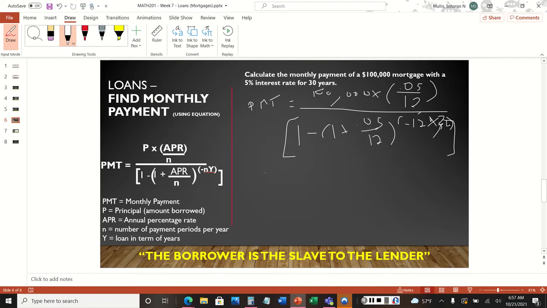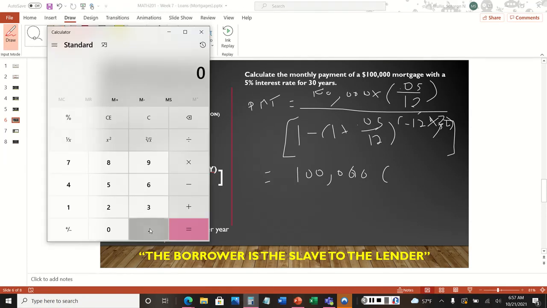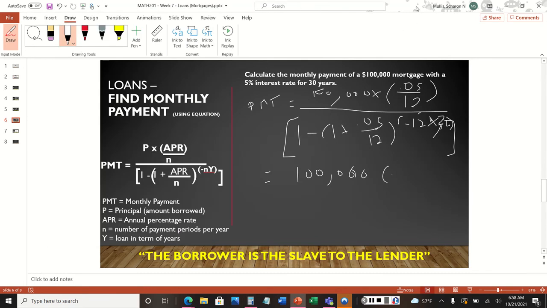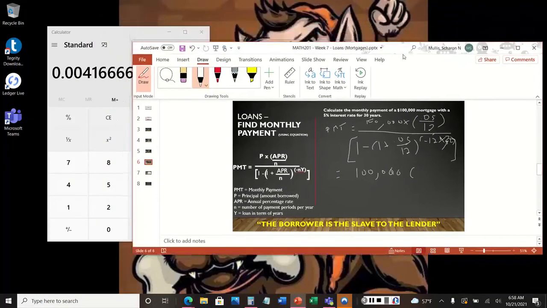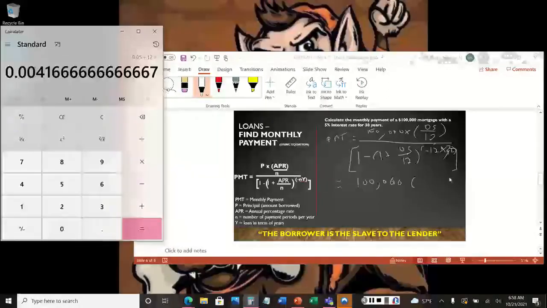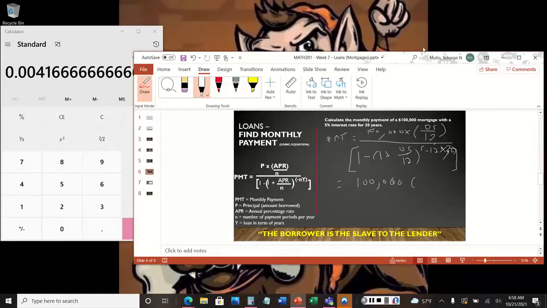All right, and that gives us 100,000 times 0.05 divided by 12, and that's equal to, we're not going to put that whole number, we'll just do 0.004167.